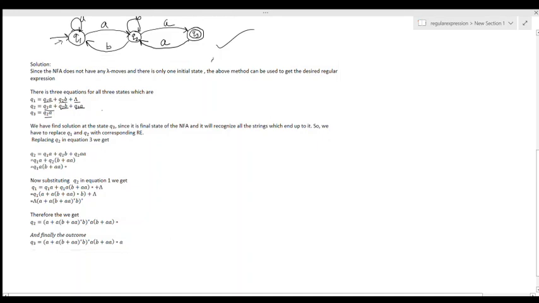In Q2 we can see Q3, and Q3 is Q2A, so Q3 can be replaced with Q2A, so Q2 becomes this. Finally, after replacing Q3 and using Arden's theorem, we get this.